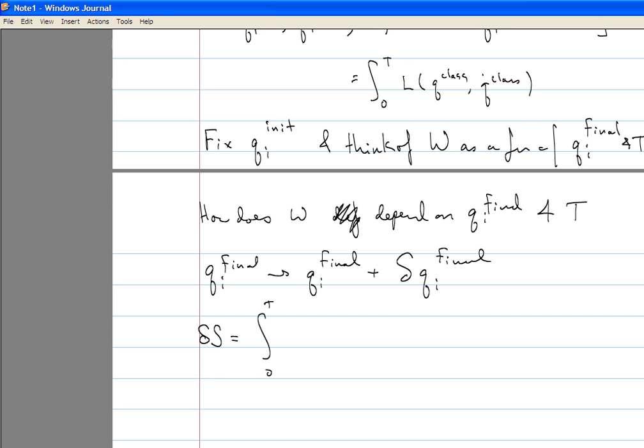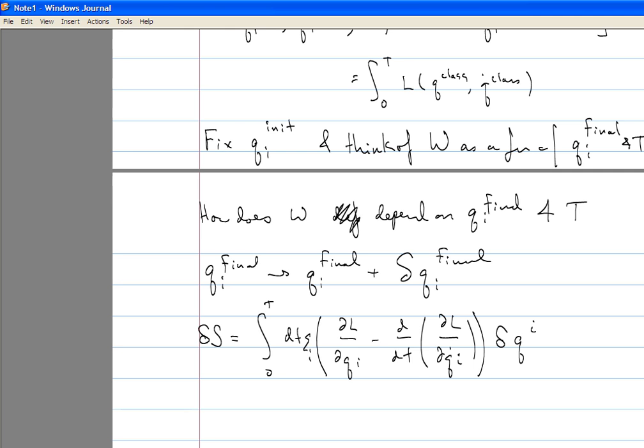It's the sum of two terms, one of which is the dependence of the Lagrangian on the path. So that's the equation of motion times delta Qi summed over I. So this describes how the action changes as I vary the classical path.